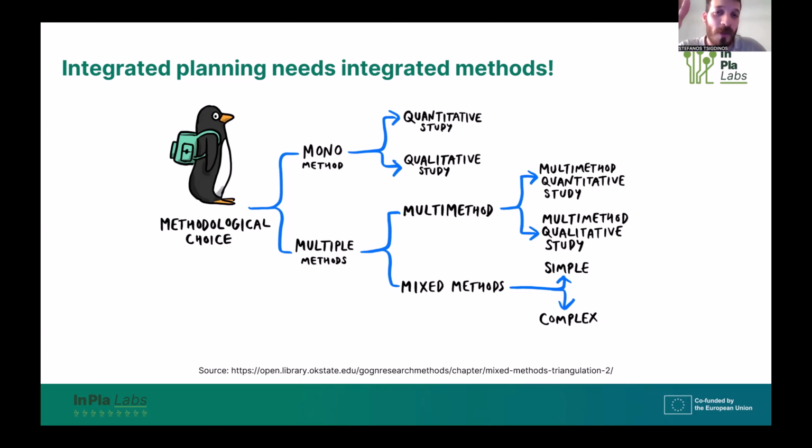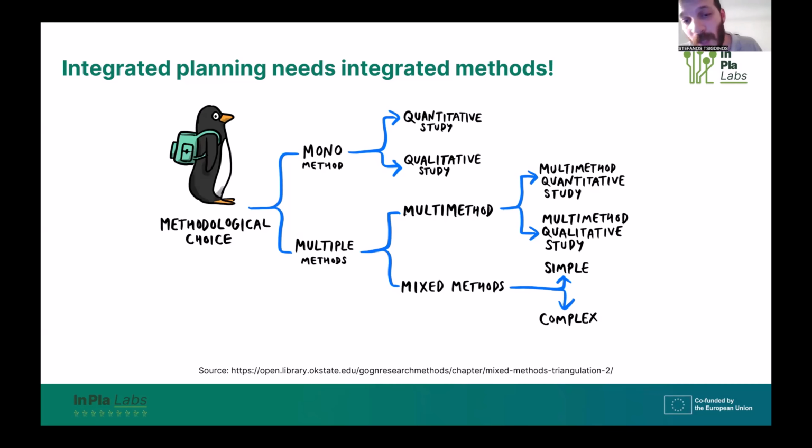And if we have one method, we can choose between a quantitative and qualitative study. But if we want to achieve multiple methods, we can dive into two choices. The first one is a multi-method, where we can use multiple methods of quantitative approaches or multiple methods of qualitative ones.